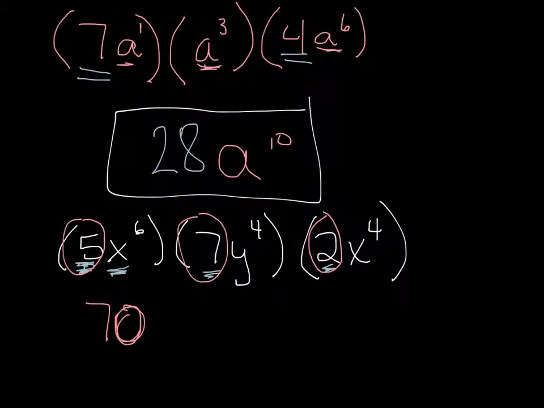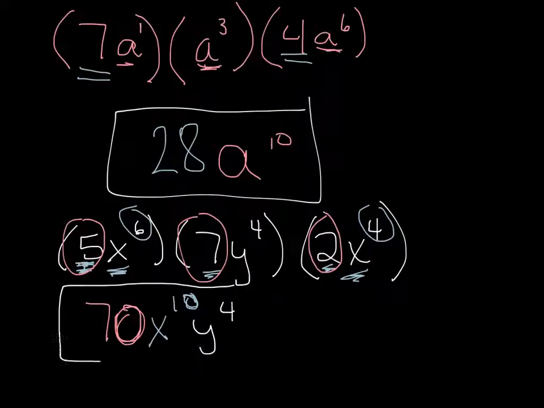So we're going to write an x next to our 70, and we're going to add 6 and 4 to get x to the 10th. And then we don't have anything to add the y to, so y to the 4th comes down. Can't combine y to the 4th with anybody. So the final answer is 70x to the 10th y to the 4th.